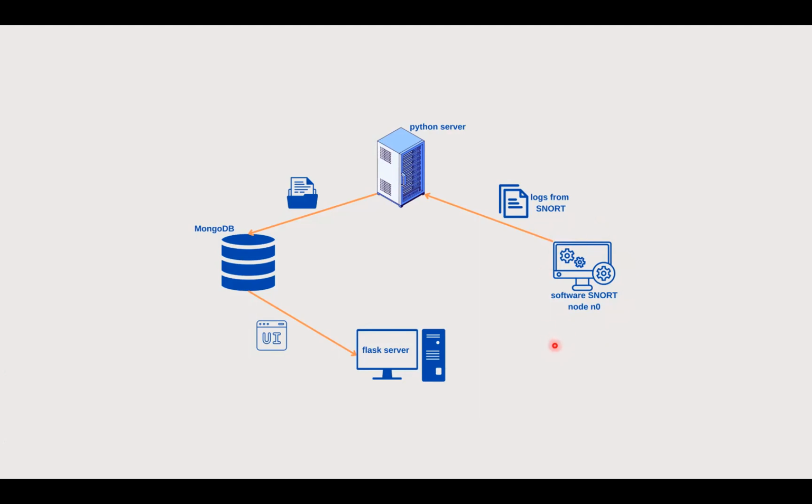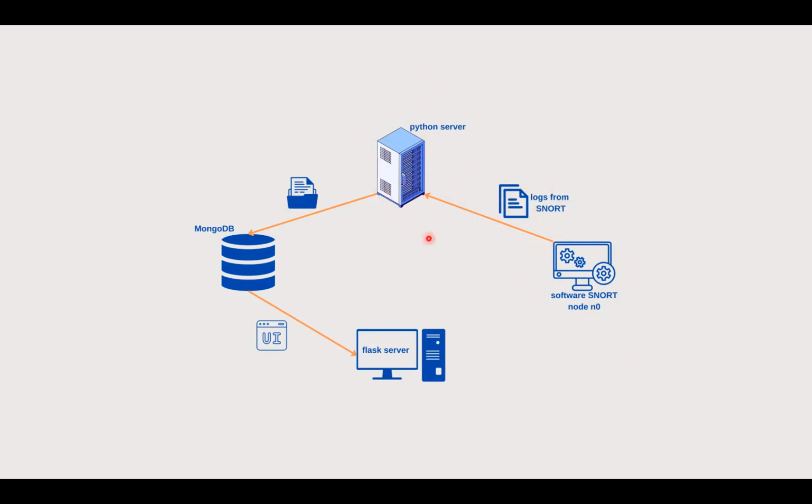we run the software Snort on a node, and we take the alerts which it generates, and this Python server looks at these alerts in the log file, and it transfers all the new alerts in real time to the database. So the Python server will be running alongside the software Snort, and the server will be polling the log script.